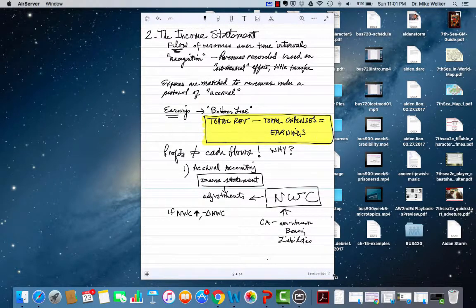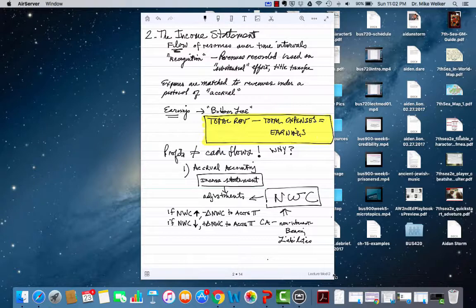The change in net working capital has to be applied to the accounting profits. Of course, if net working capital were to decrease, then you take that change and add it into the accounting profits, so that you get a very accurate depiction.